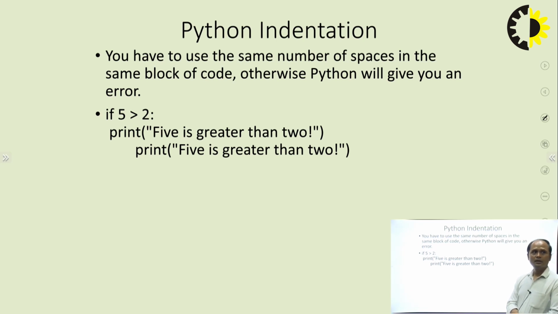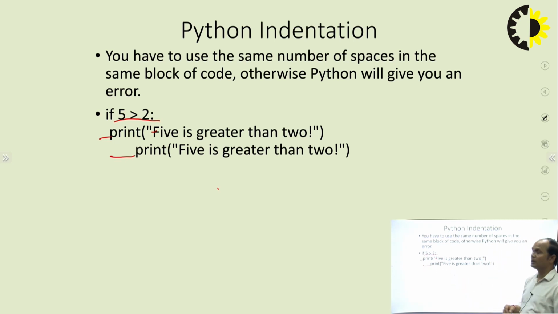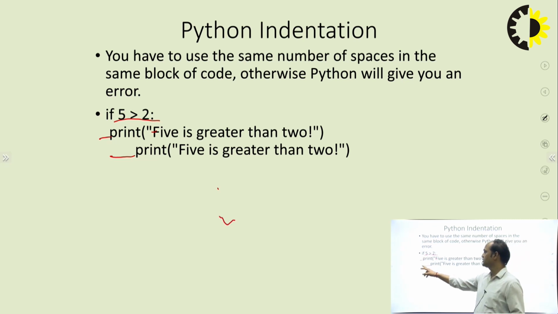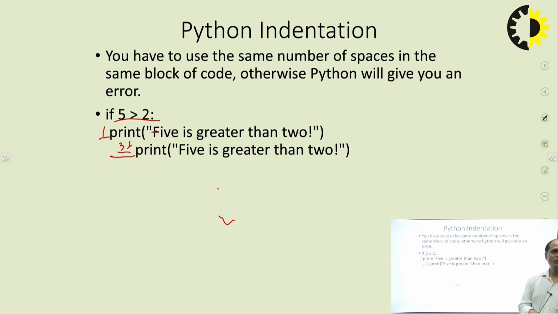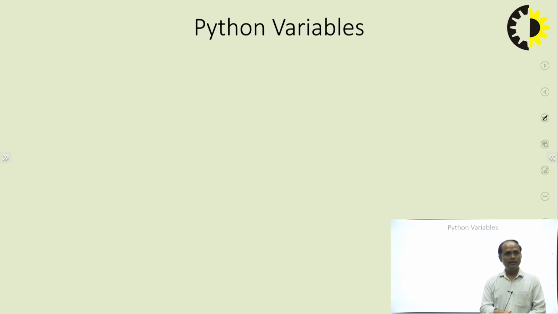If we have a block of code like this, if 5 is greater than 2, this is the block of code, and we use 1 space on one line and 3 spaces on another, this is not allowed, because the same block of code uses the same indentation. If we have used 1 space, then we must use 1 space again. Using 3 spaces is not allowed in Python. The same block of code uses the same number of spaces before the print statement. This is called Python indentation.